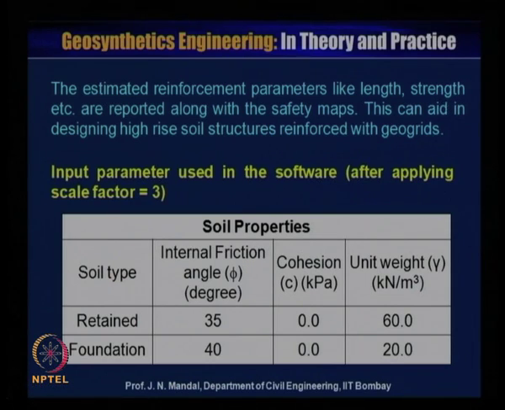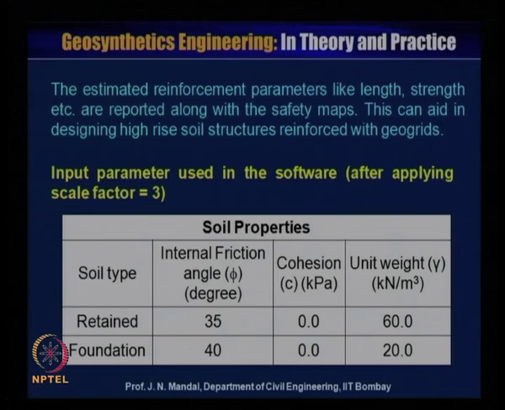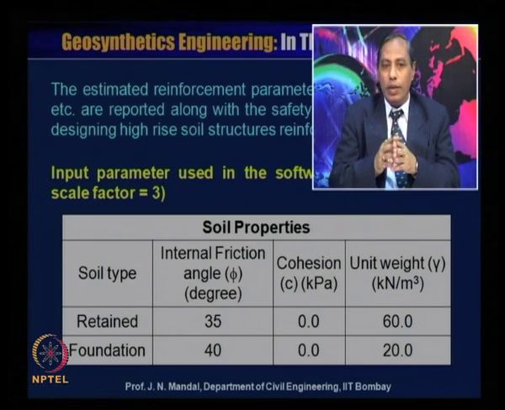Now what are the input parameters used in the software after applying the scale factor of 3? You can see here the soil property and soil type, for the fill and the foundation.